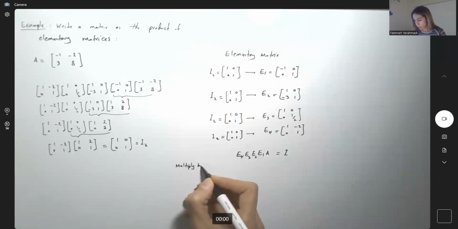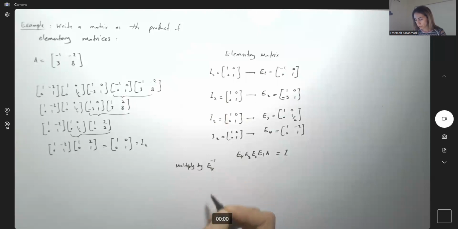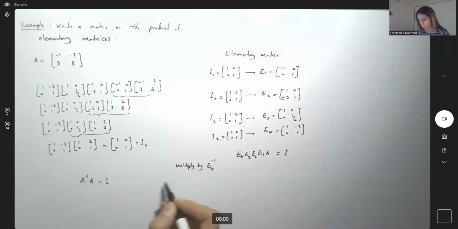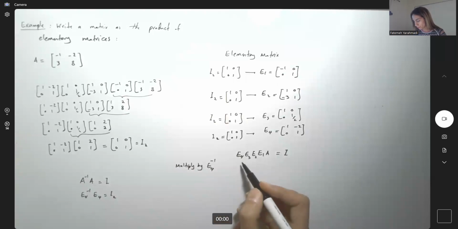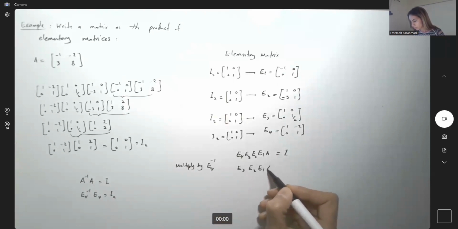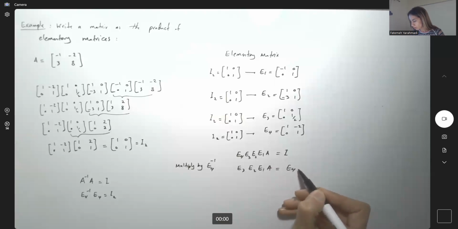Multiply by the inverse of E4. So remember that any matrix multiplied by its inverse results in the identity matrix. So E4 inverse times E4 gives me I2. So I have E3 times E2 times E1 times A equals the inverse of E4.